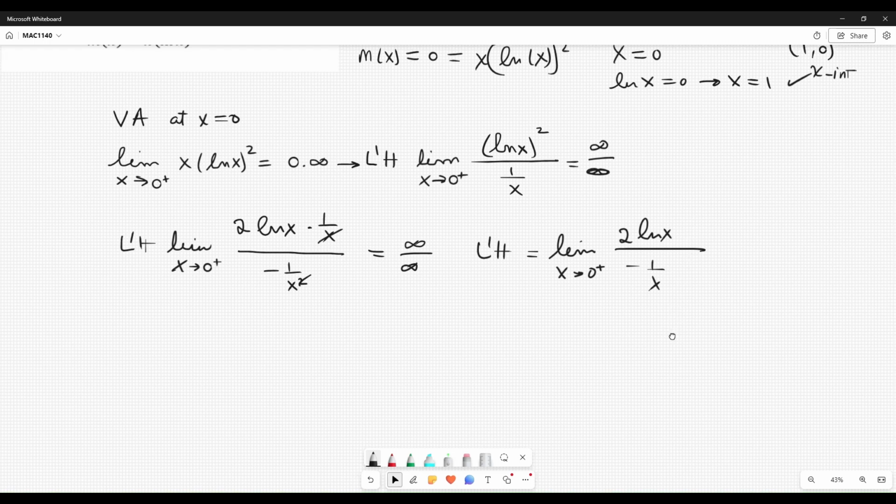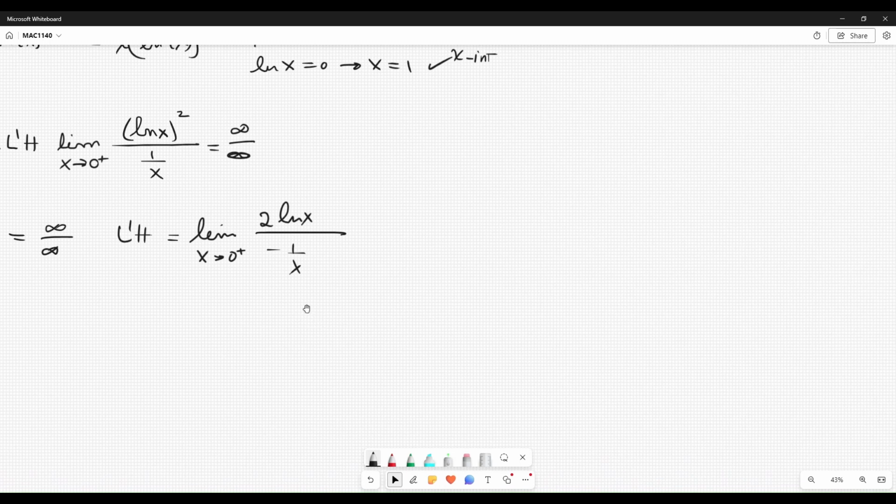The limit when x approaches 0 plus, the derivative of the logarithm is 2 over x divided by negative 1 over x squared again.